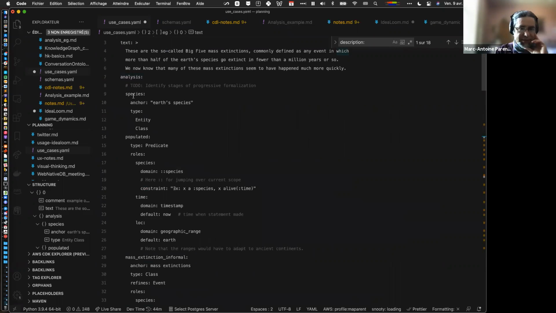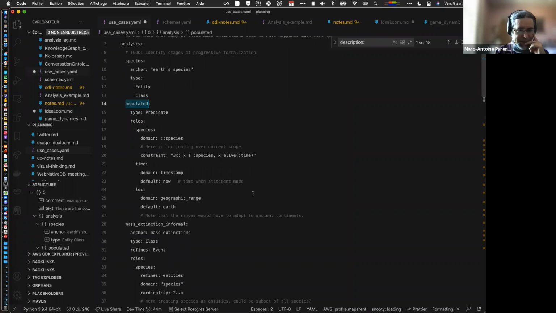I have an entity which is species. Right now it could be defined, but I'm leaving it undefined. I'm defining a predicate which is populated: the species is populated at a certain time, in a certain geographic range, with defaults, if there's some individual which is alive in that range and is a member of that species.